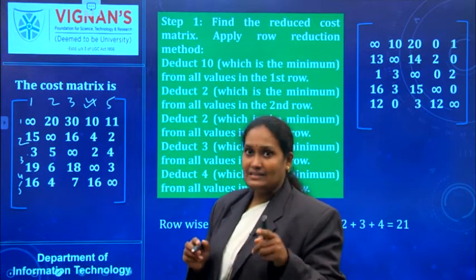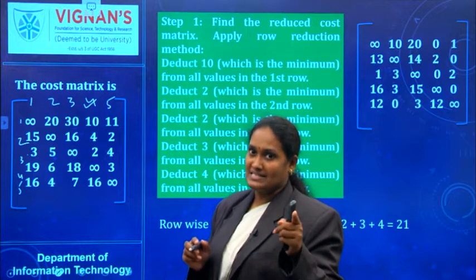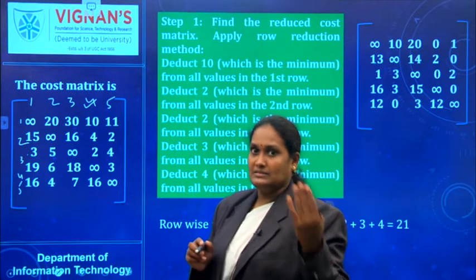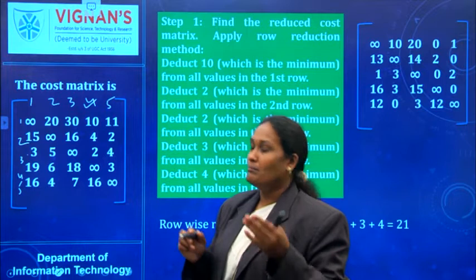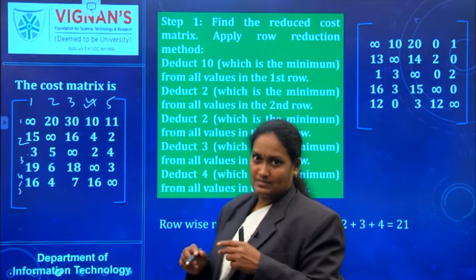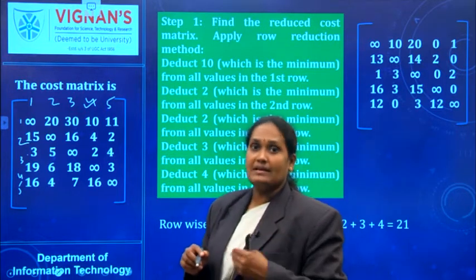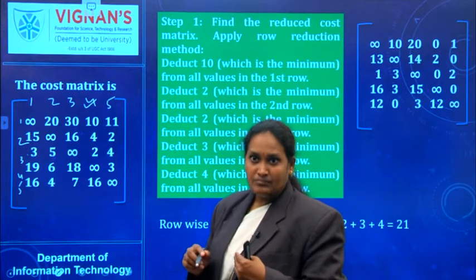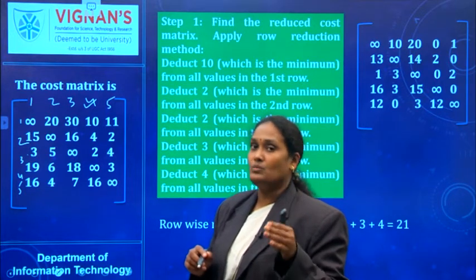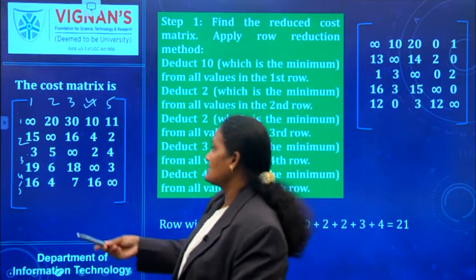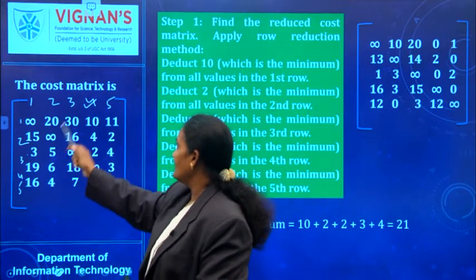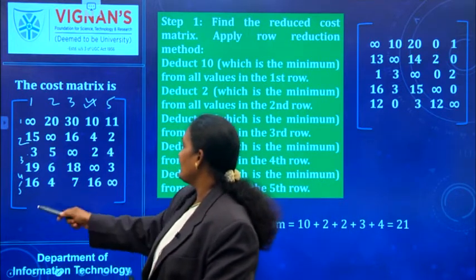In general cost adjacency matrices, the cost of 1 to 1 is considered 0. But here in the traveling salesperson problem, since we are using the reduced cost matrix method, we need to consider the cost of traveling 1 to 1 as infinite.